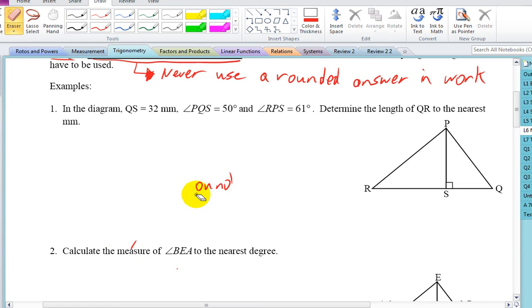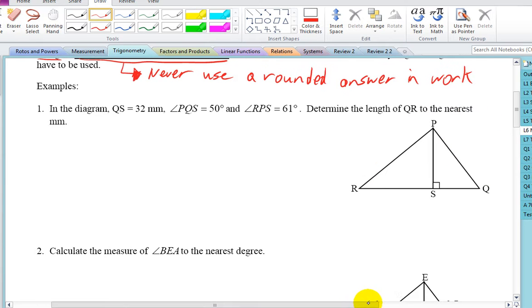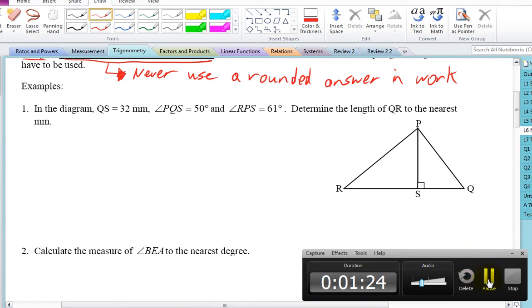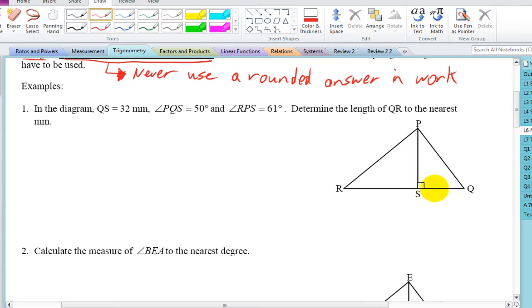Okay, fill in the information on the triangle here. Go for it. Okay, so QS is 32. This is a small little line segment. Q is your vertex, so it must be in the middle. Start at P, go to Q, and then go to S. So this angle is 50 degrees right there.